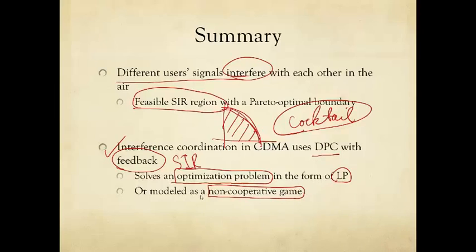Both the conceptual points of interference, tragedy of the commons, negative externality, as well as the mathematical language, such as what defines an optimization problem and what defines a game, will be used so frequently over and over again in the rest of this course.